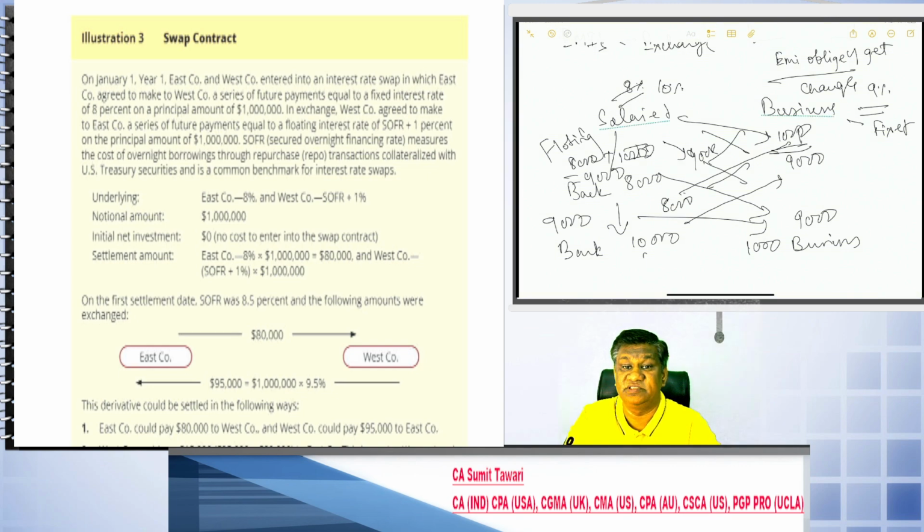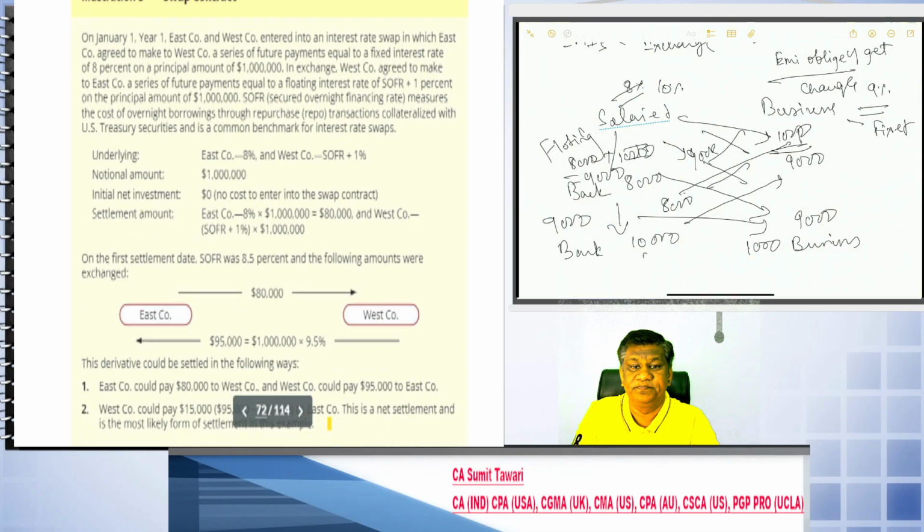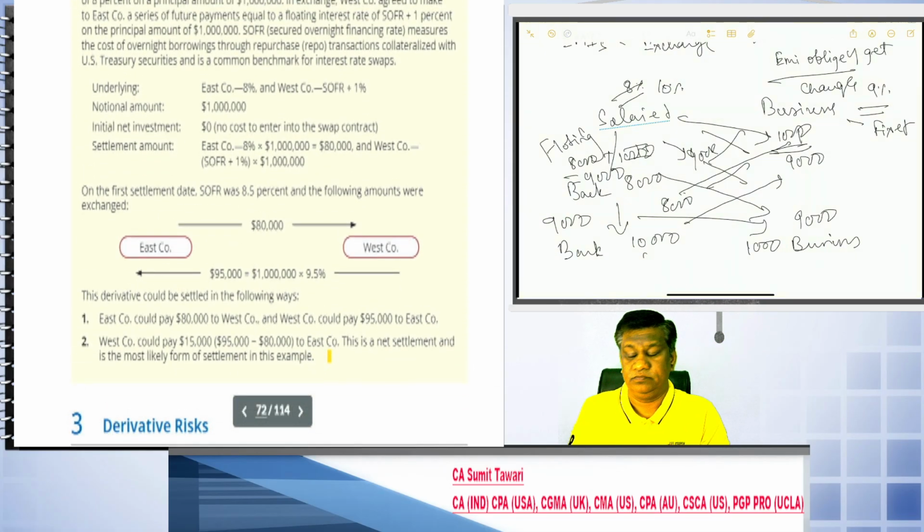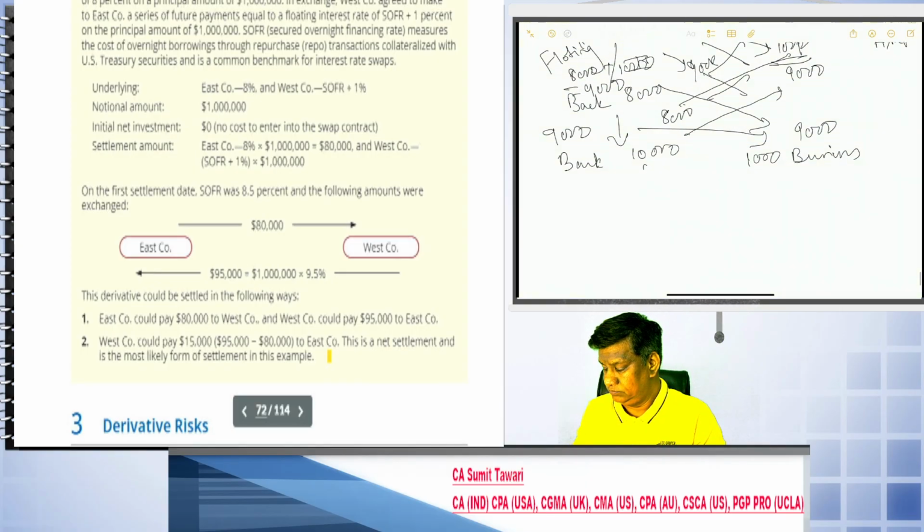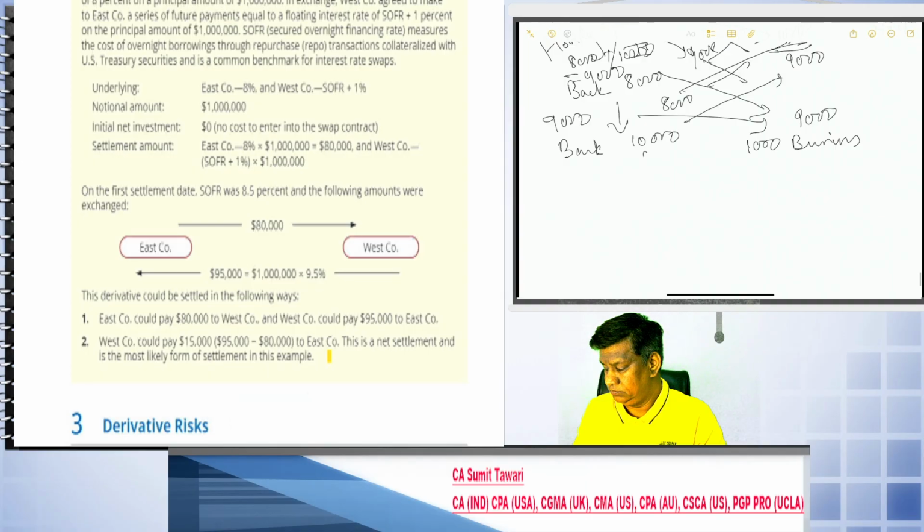Okay, so that is basically the interest rate swap. We will see this example. And in that example, if any person defaults in the payment, what will be the cost? That we will discuss in any contract, not only the swap, even the forward. In futures there is generally no default because it is routed through the exchange, but in options as well as forwards, there is a high risk of default.